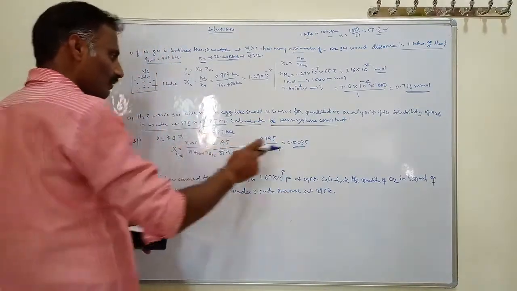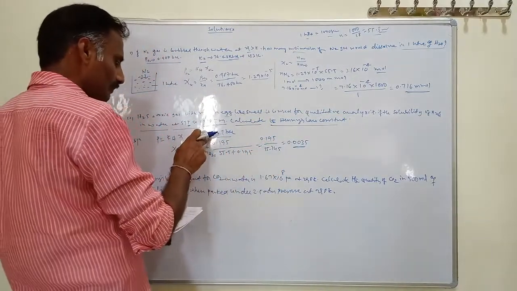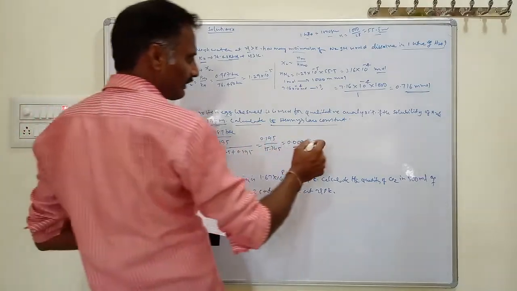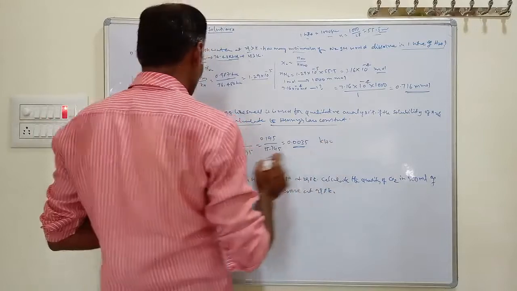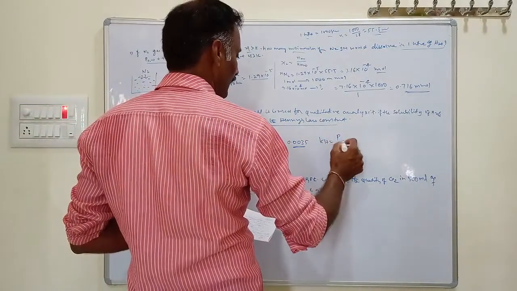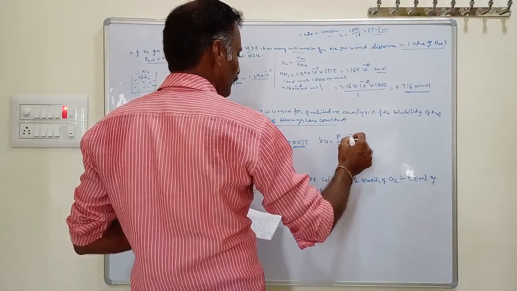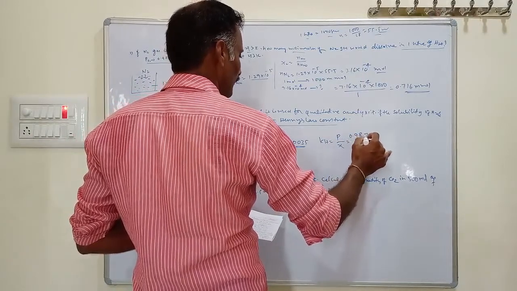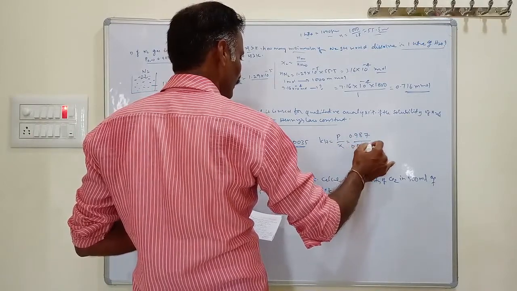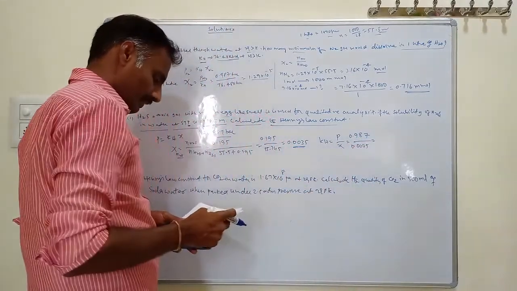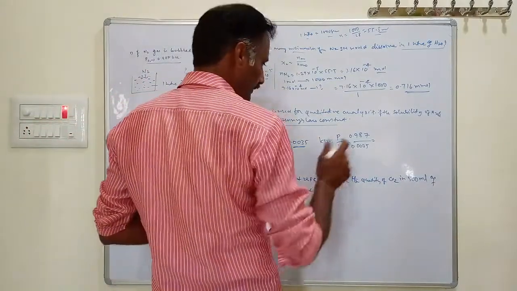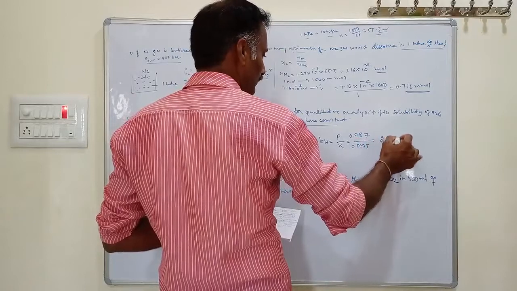By knowing mole fraction and the partial pressure, we calculate Henry's law constant. Kh equals P by X, and the P value is 0.987 divided by the X value, 0.0035 mole fraction. Then we will get the value 282 bars.